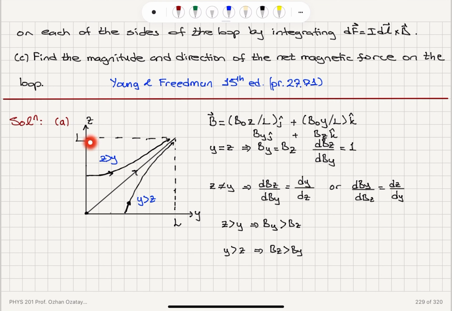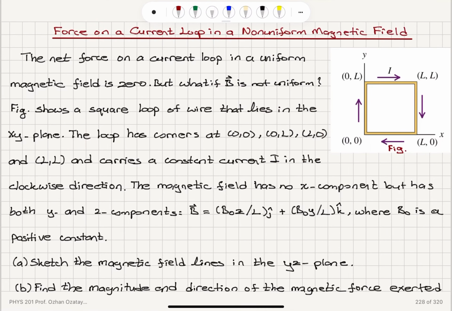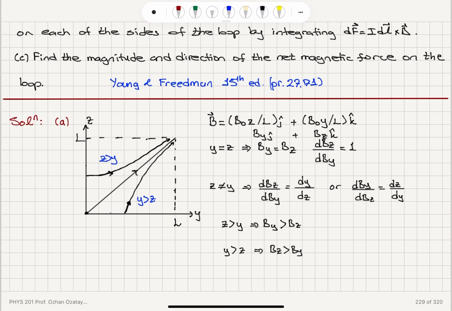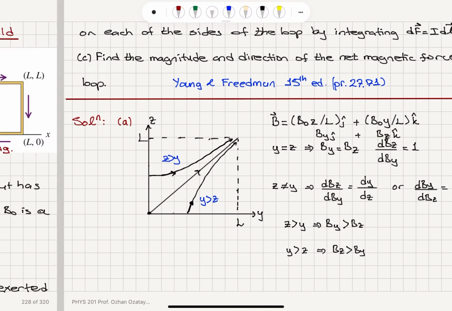So as z gets large, the z is much greater than y. We're going to see a large y component. So here, for example, I pick y is equal to 2, z is equal to 3. This is going to have a large y component, so almost parallel to the y-axis.